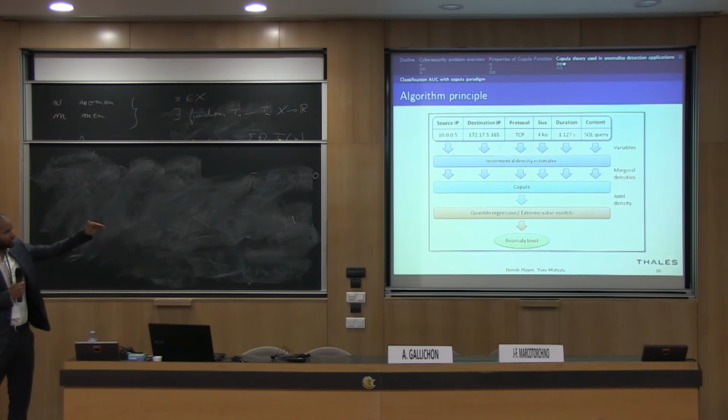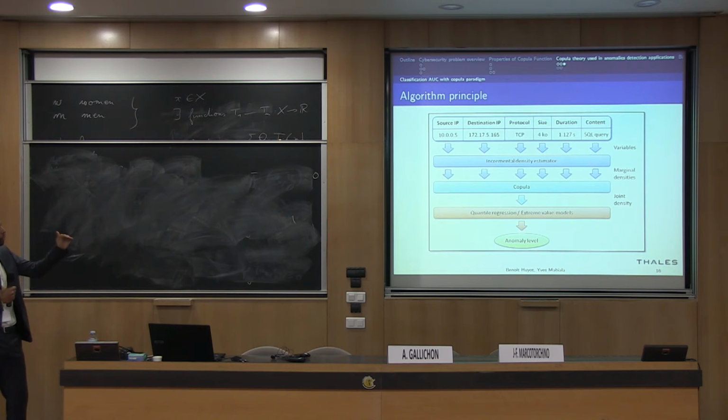As Benoit told you, we used the copula that he presented in a slide before. We have the joint density, and then we want to compare it to a threshold, in 2 modes or 3 modes maybe. This one is in automatic mode. One thing you can do is define a quantile, so you want to get the first percent of events that have the highest probability.